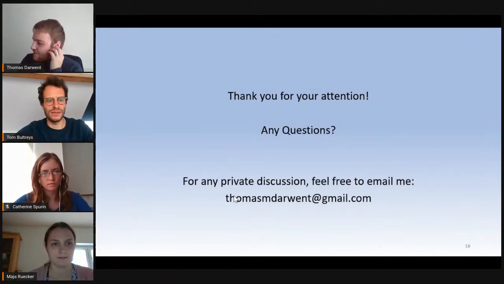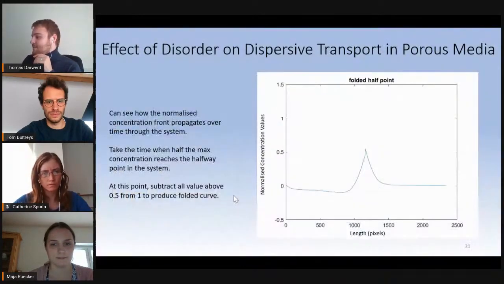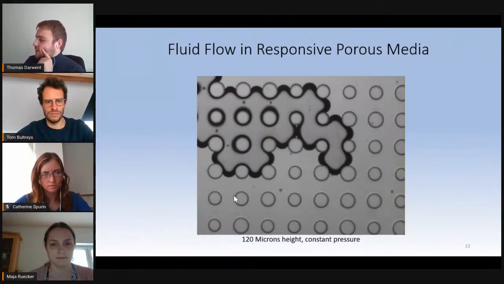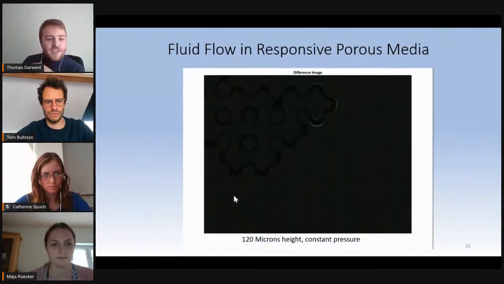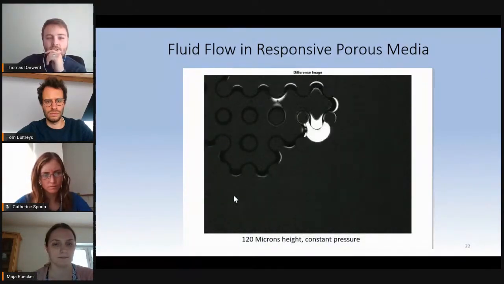So I haven't shown it. Just for reference, I'll skip to it so people can see. This is actually at constant pressure, this video here. And it might not be obvious that the pillars are bending here. I'm not sure how well you can see this. But if you do a difference image between each frame, what you'll see is that as the fluid invades, you can see white areas around the pillars.